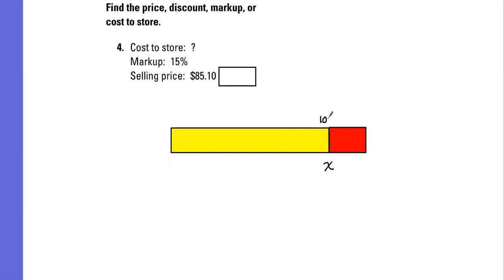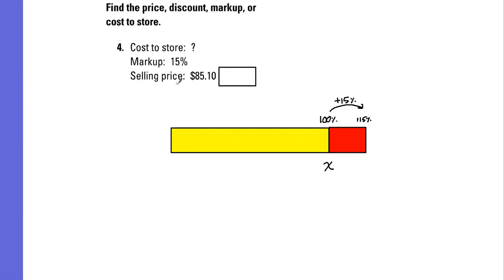As a percent, though, I know that I always start at 100%. I'm going to add on to that 15%. And after I tack on that 15%, 100% plus the markup of 15% means that my retail price is going to be 115% of the original.